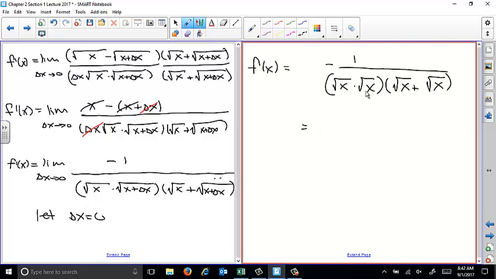So the square root of x times the square root of x is x. So you get negative 1 over x times, in this case, when we add them together, we get 2 times the square root of x. And x times the square root of x is equal to x to the 3/2 power. So there's a 2 right there. So you get negative 1 over 2 x to the 3/2 power.